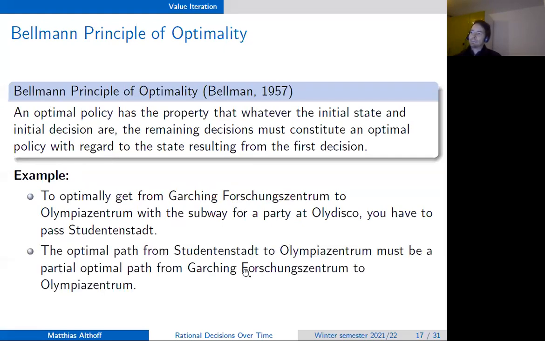Because you have to change in Studentenstadt, if you are in Studentenstadt already and you want the optimal solution to go to Olympiazentrum, then this optimal solution is of course part of the optimal solution to go from Garching to Olympiazentrum. So this is very intuitive. It's simple and intuitive, but it's a very powerful principle.